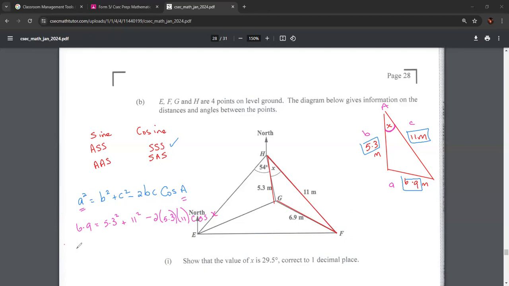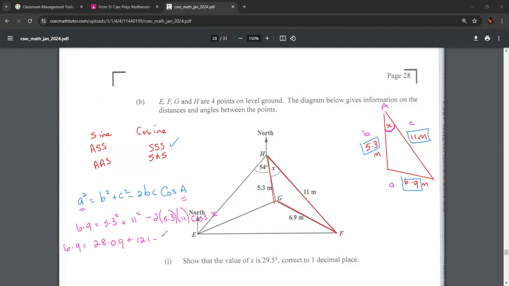Let's solve. So we'll end up at 6.9 is equal to 5.3 squared. Use your calculators. So 5.3 times 5.3, that will be 28.09 plus 11 squared, or 11 times 11 is 121, minus 2 times 5.3 times 11.